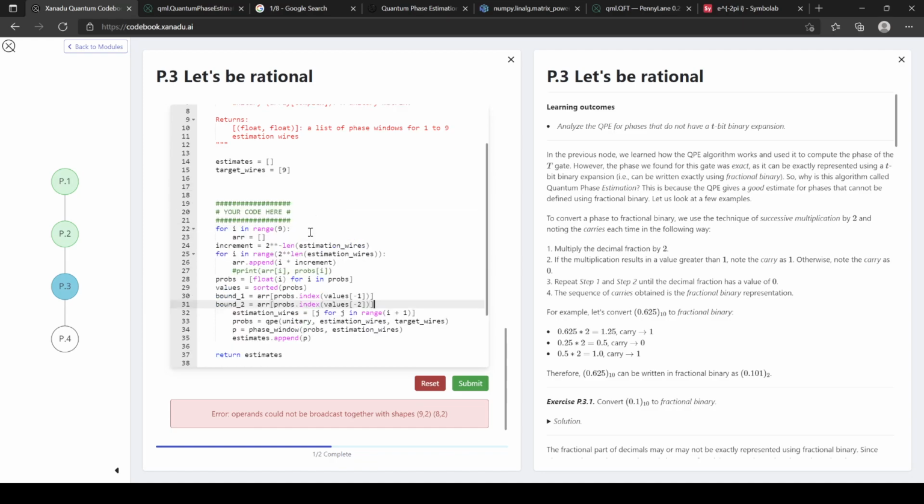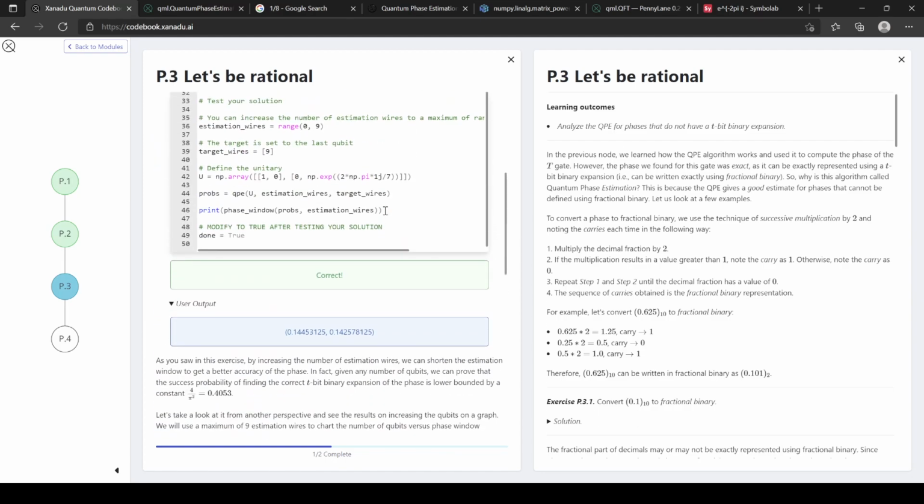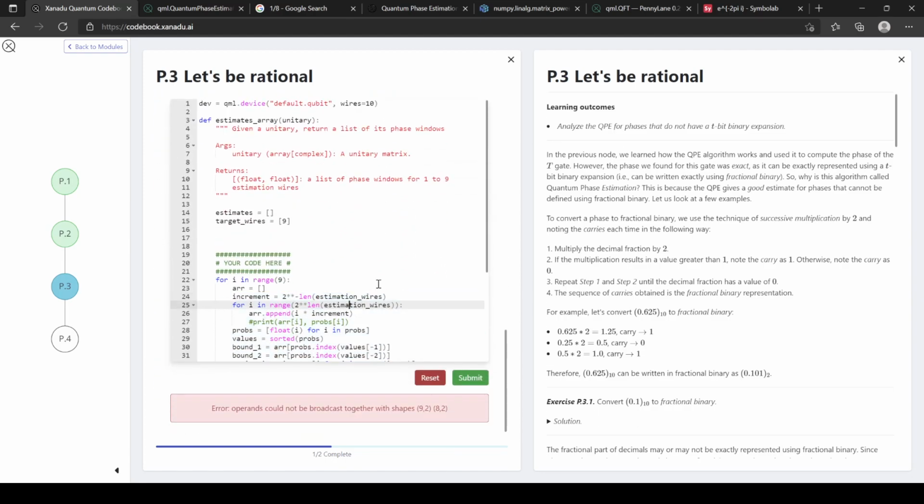So I'm not going to use it because I don't understand what it does, because there's zero information given on phase window. So that's very not helpful.